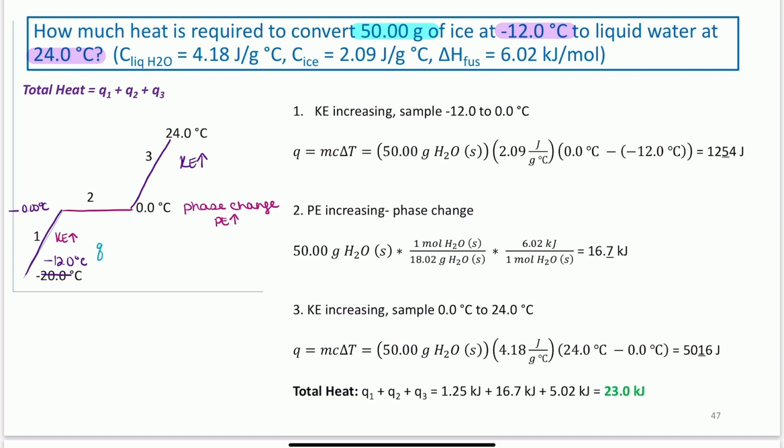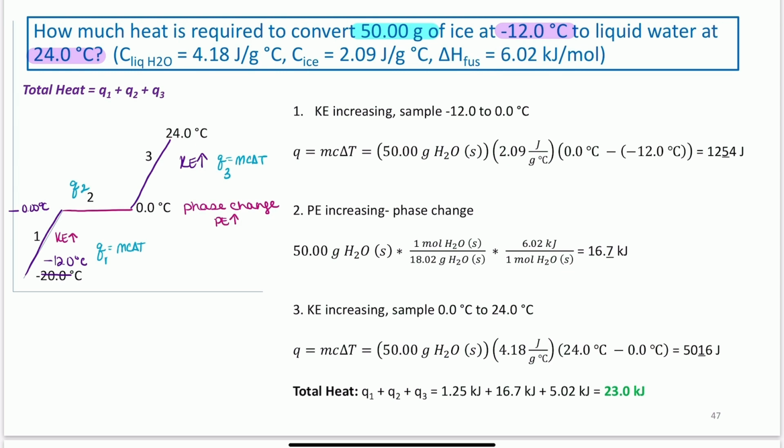For increases in kinetic energy, I'm going to use my MCAT equation. And for phase changes, I'm going to use what I call stoichiometry. So I'm going to call this Q1, I'm going to call this Q3, and I'm going to call this Q2.